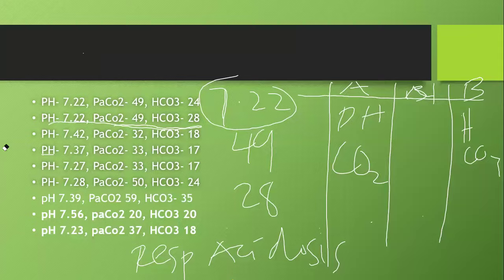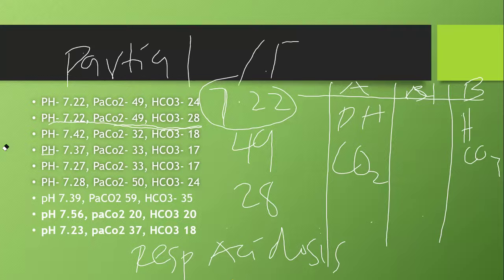When it comes to the compensatory mechanism, we have partial compensation and full compensation. In full compensation, pH should fall within the normal range, and the normal range of pH is what? 7.35 to 7.45.